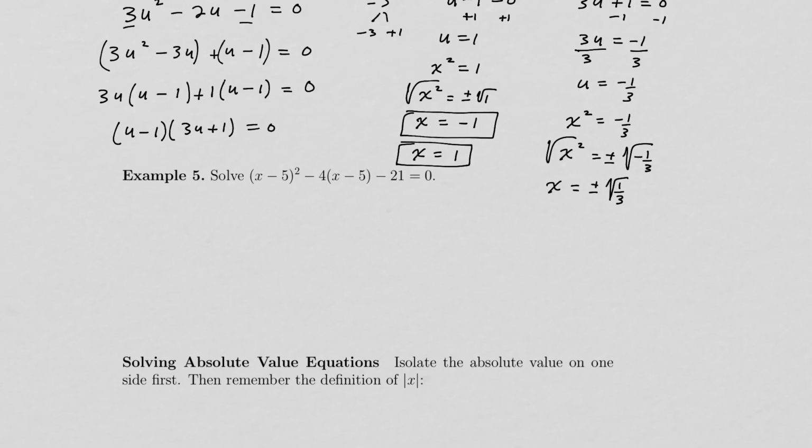I still have a square root of negative 1, but remember, what is that? That's i. So really, this gives the other two solutions, x equals negative square root of 1/3 i, and then x equals positive square root of 1/3 i. So those are my 4 solutions in this case.